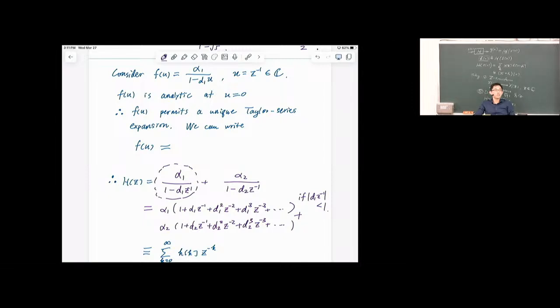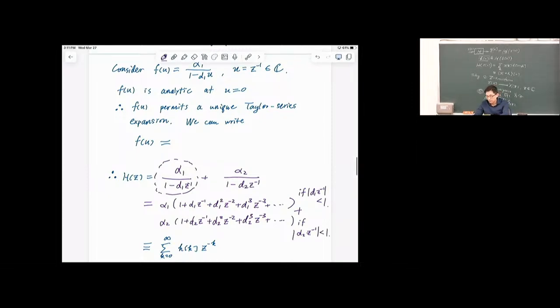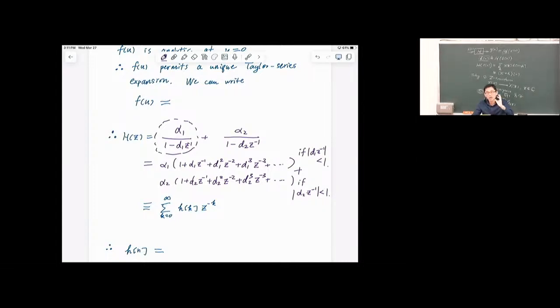The two are equal, and this equality holds if the absolute value of the common ratio D2 Z inverse is smaller than 1. So that's rewriting our Z transform in terms of geometric series. The equality holds if both conditions are valid, and then we can write it down rigorously. But next, what is H of z?